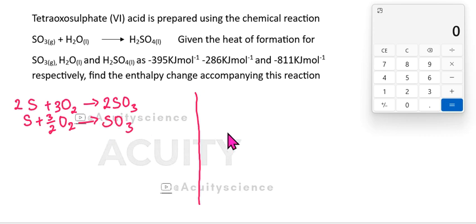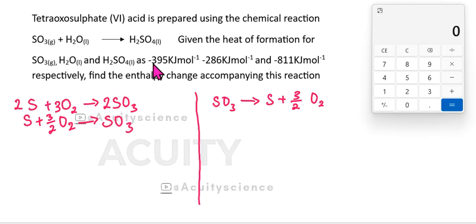So now this is where I'll write out the finished work. Our finished work will have SO3 on the reactant side. So I'll put SO3 here, and then our arrow to S plus 3 over 2 O2.